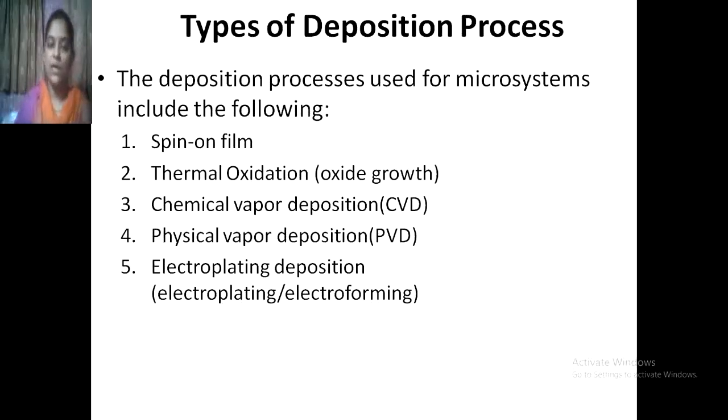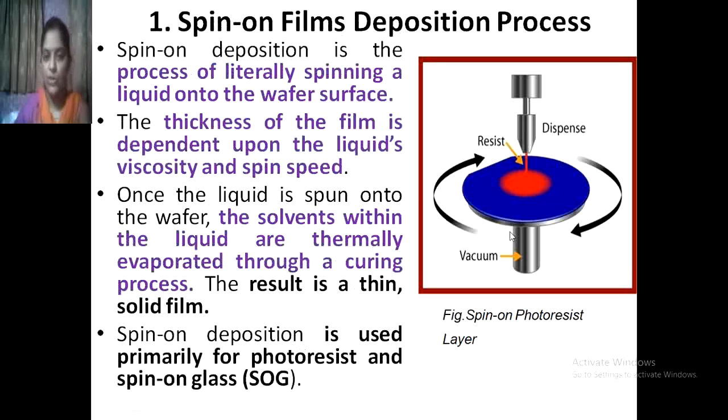So there are 5 types of deposition process: spin on film, thermal oxidation, chemical vapor deposition, physical vapor deposition, and electroplating deposition. So let us take first an overview of this. So spin on films.